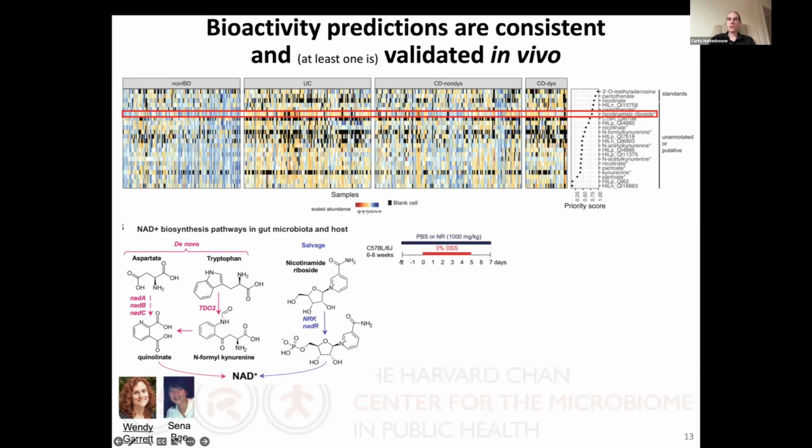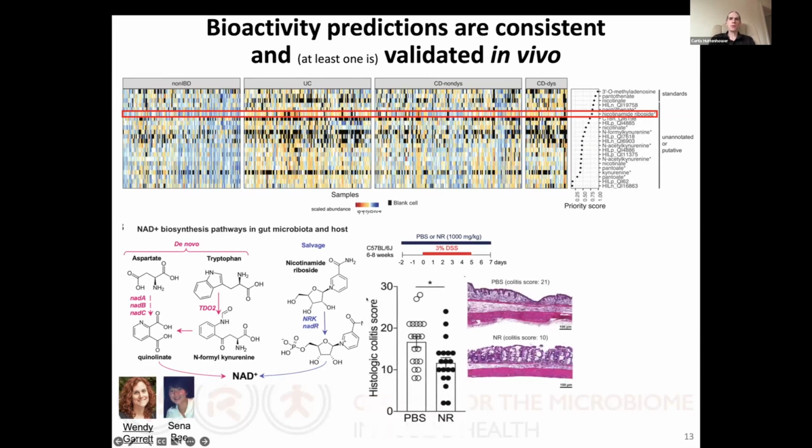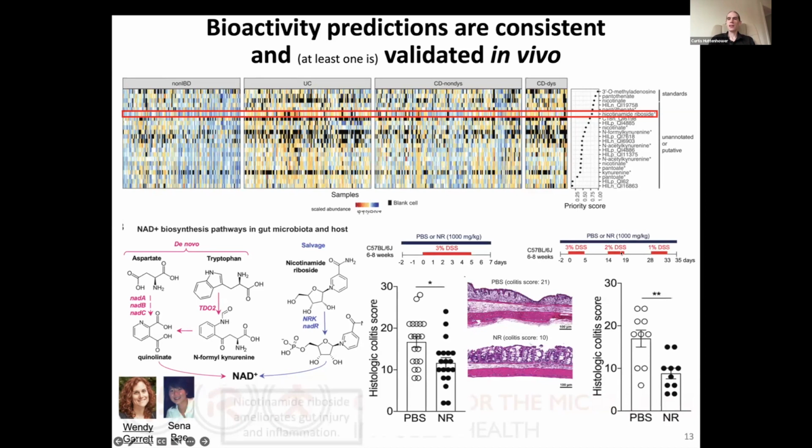So long story short, in a DSS model of GI inflammation in gnotobiotic animals, exposure to nicotinamide riboside was able to significantly ameliorate several different measures of GI inflammation, overall histology, and this was true across different DSS models, both time courses and concentrations.